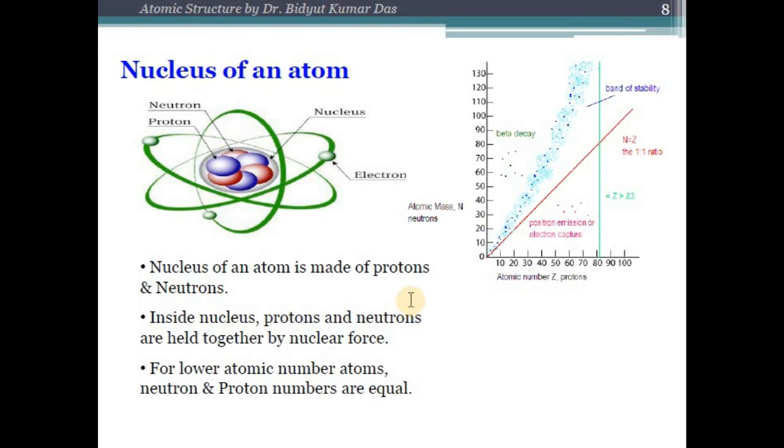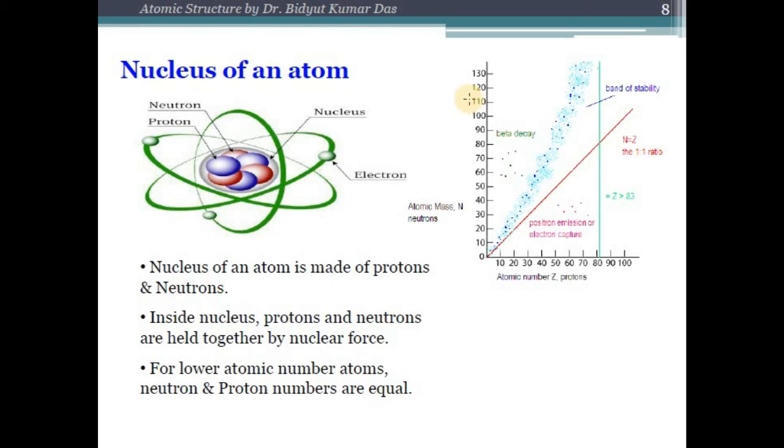As the atomic number increases, since the protons are positively charged particles, these protons repel each other, and to minimize this repulsion between the protons, the number of neutrons also increases for higher atomic number atoms.